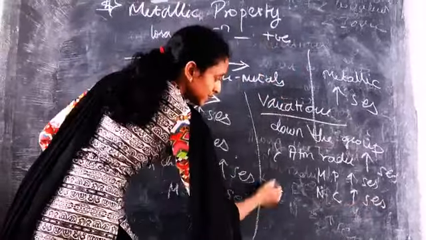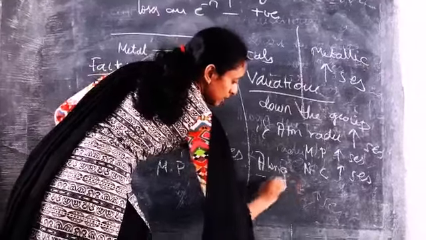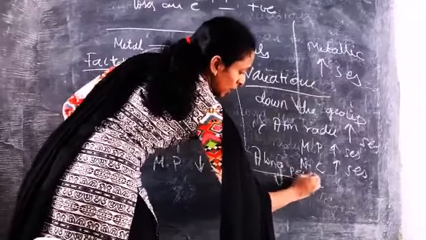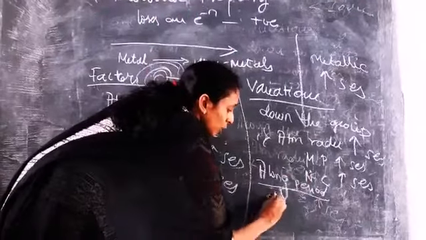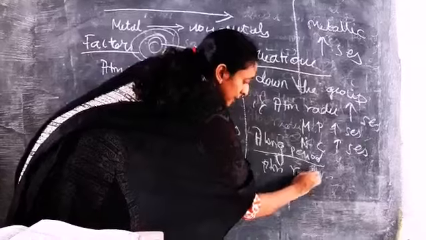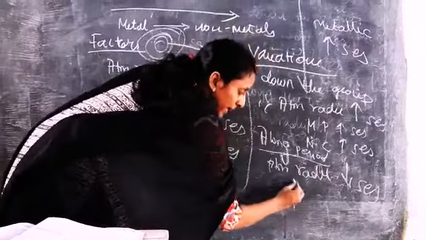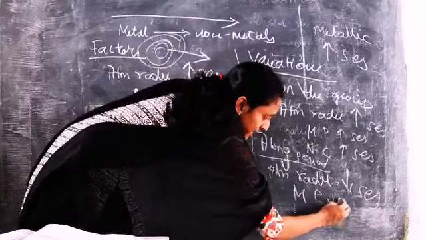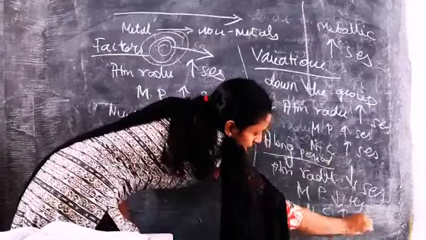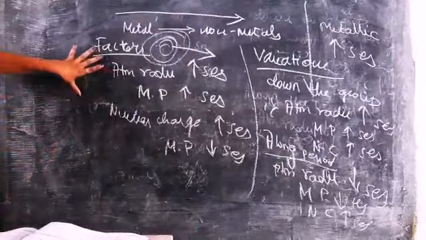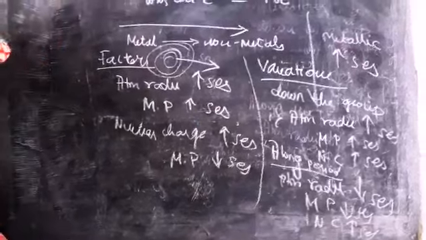Second is along the period, which is the reverse of this: atomic radii decreases, so the metallic property also decreases, but the nuclear charge increases. So these are the factors and the variations of the metallic properties.